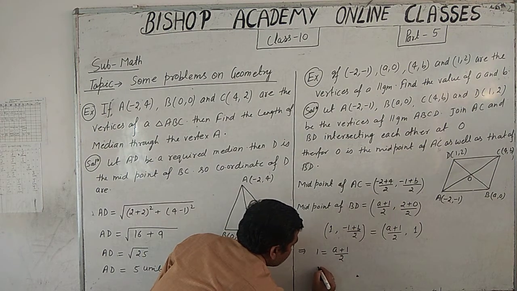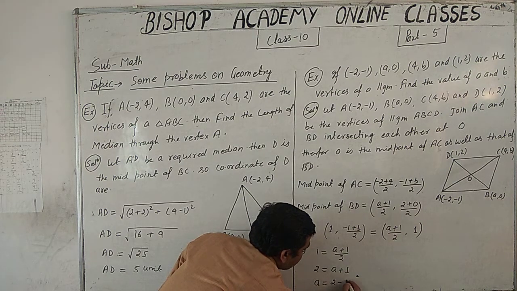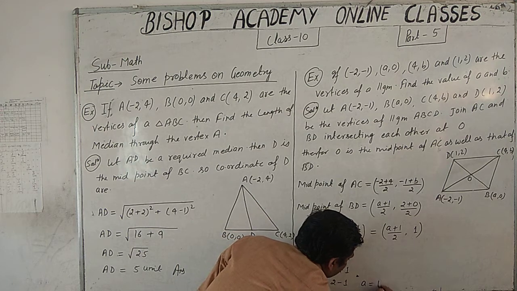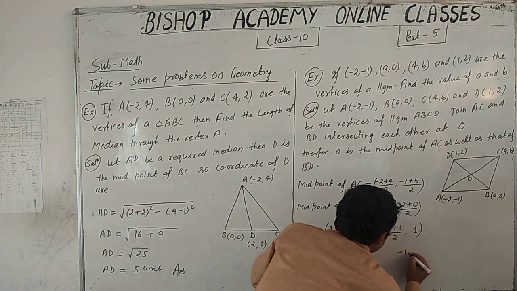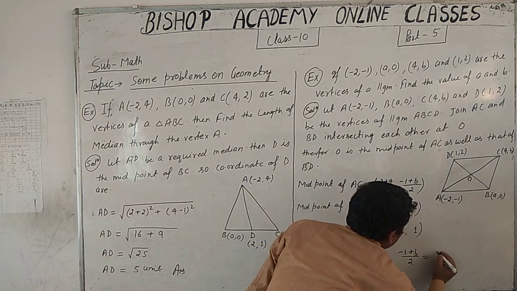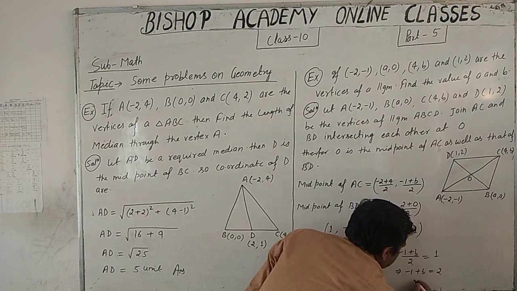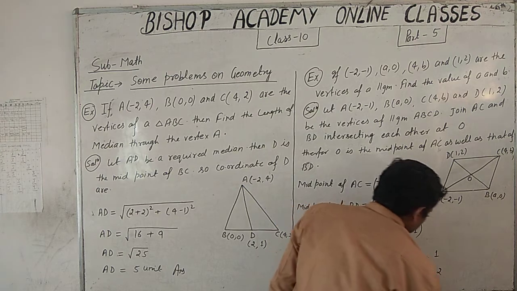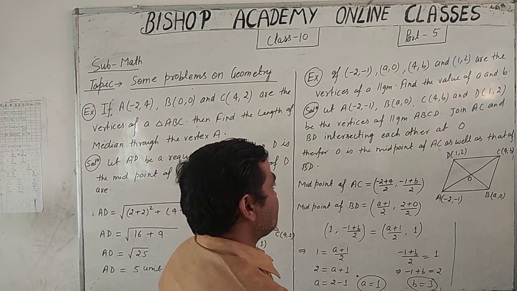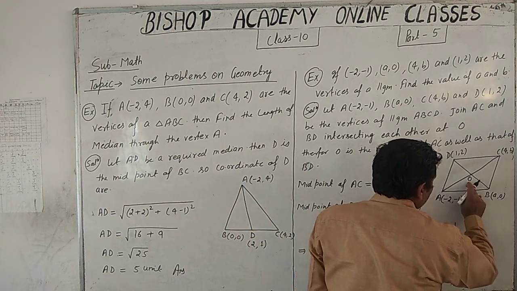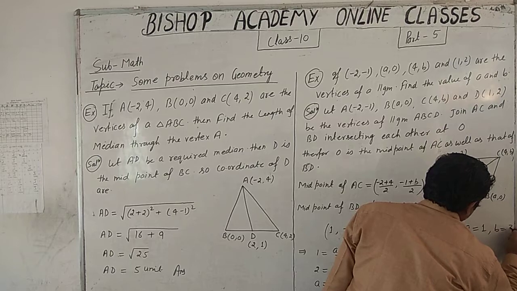Cross multiply, 2 equals a plus 1, then a equals 2 minus 1, so the value of a equals 1. Comparing the second coordinate, (-1 plus b) upon 2 equals 1, so -1 plus b equals 2, hence b equals 3. So the values are a equals 1 and b equals 3.